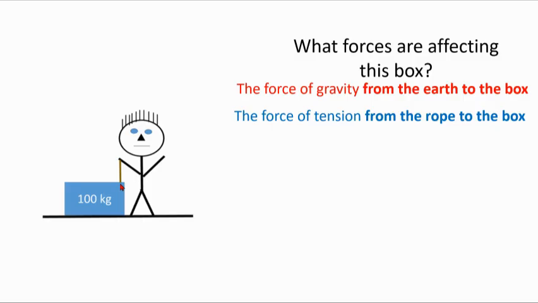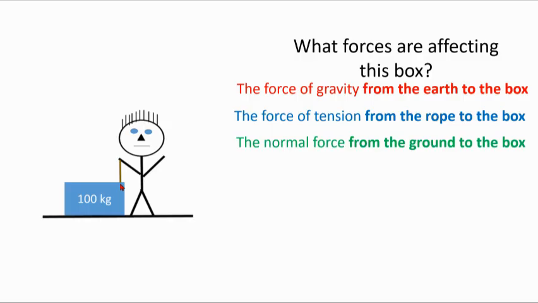That's not the only force, because if you notice, the box is not sinking into the ground, right? And he's not pulling hard enough for the box to just hang there. So the floor is still supporting some of the box's weight. And so there's a normal force from the floor to the box, or from the ground to the box, as we say, same difference.